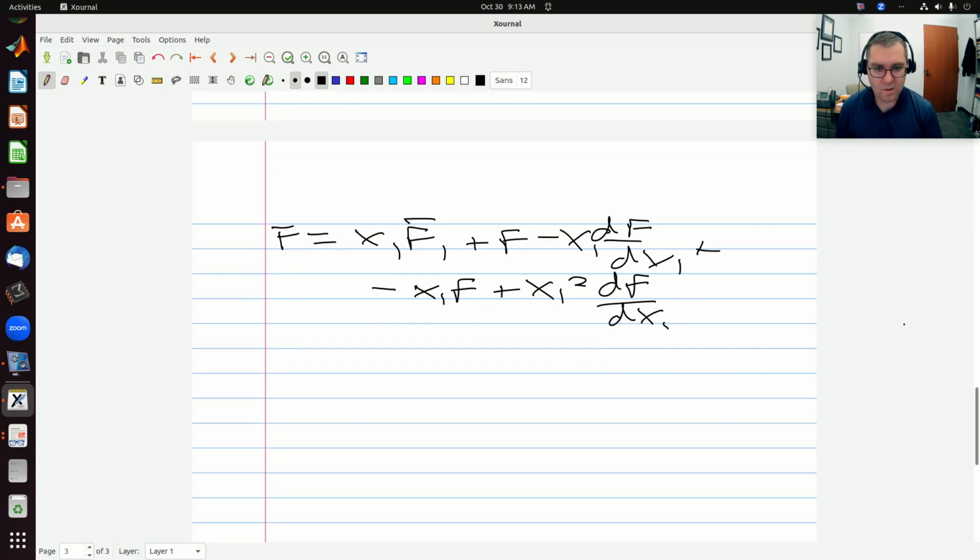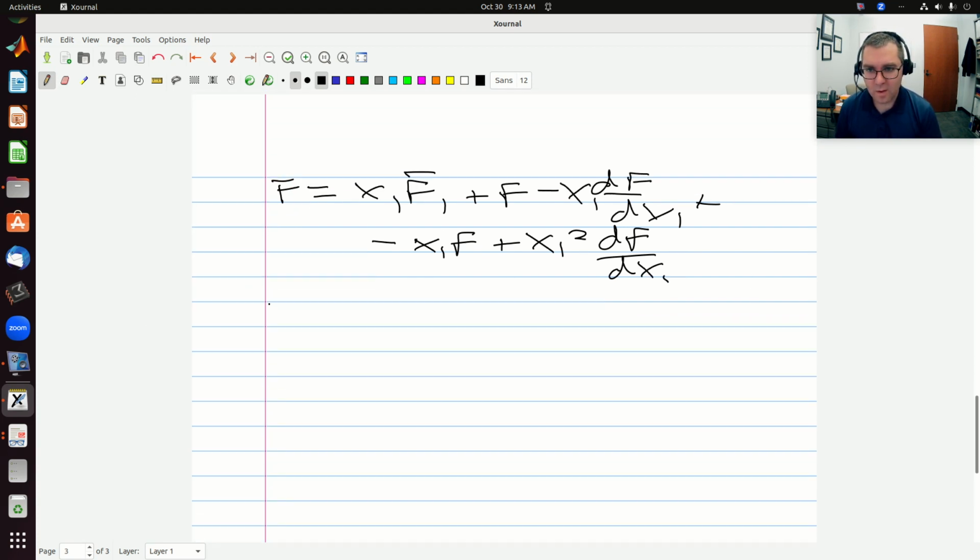Okay, and so now we're just going to simplify. So f is equal to, I'm going to collect terms here, right? What I mean is I'm going to factor out an x1 df/dx1. So if I factor out x1 df/dx1, then it'll be an x1 minus 1.